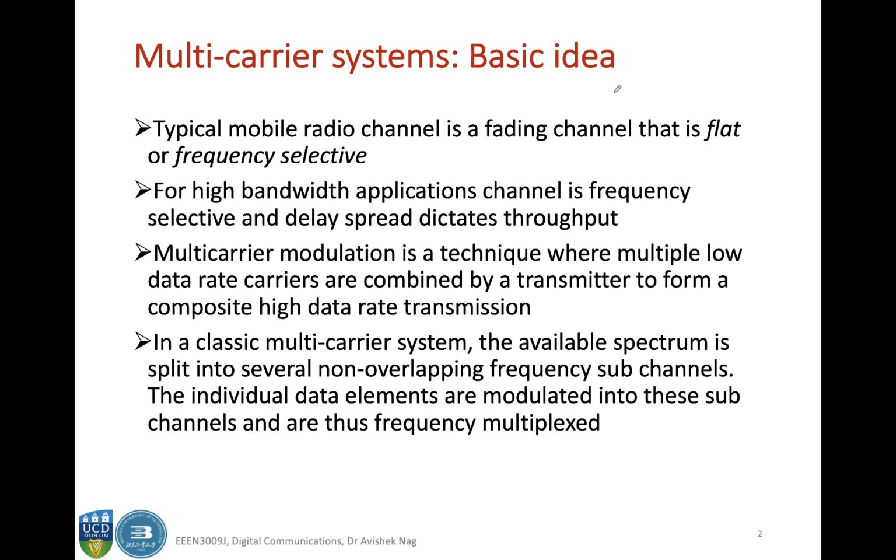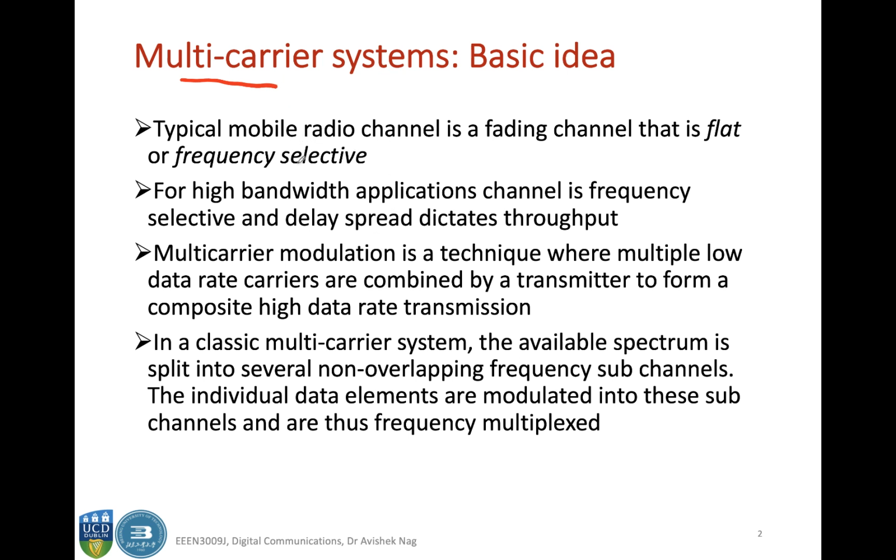So the data signal is divided into multiple copies, and each copy is modulated with a different carrier. Carrier means a carrier frequency. That is what a multi-carrier system is all about.